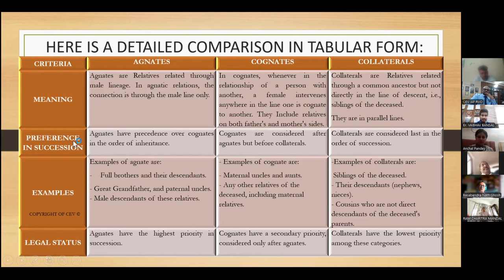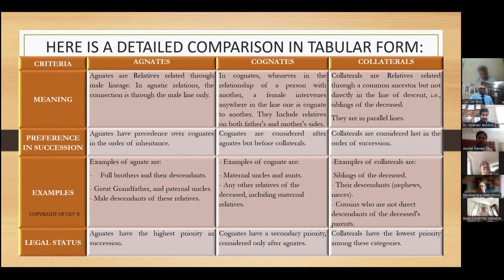Now, preference in succession. This is very important. Deceased means the person whose property we are discussing or whose property is to be distributed among the successors. The deceased is also called propositus. We will discuss that term also in detail.